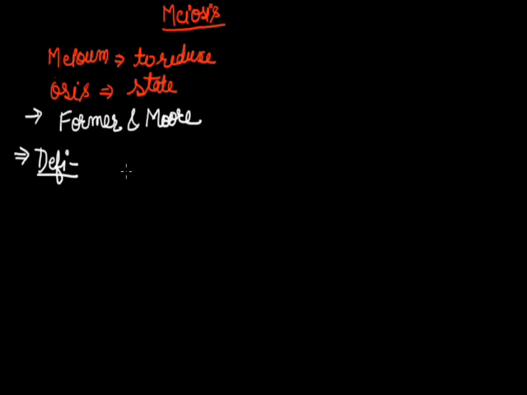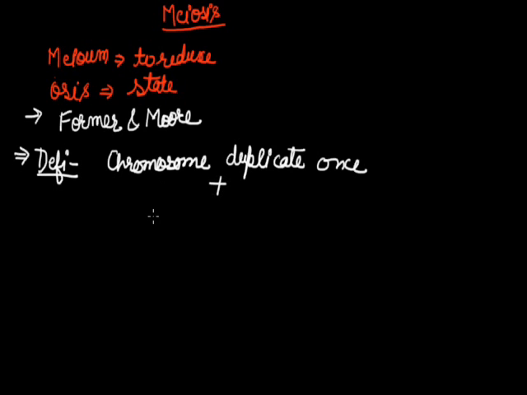So two main points are here. Chromosome duplicates once, and the second thing, the cell divides twice.